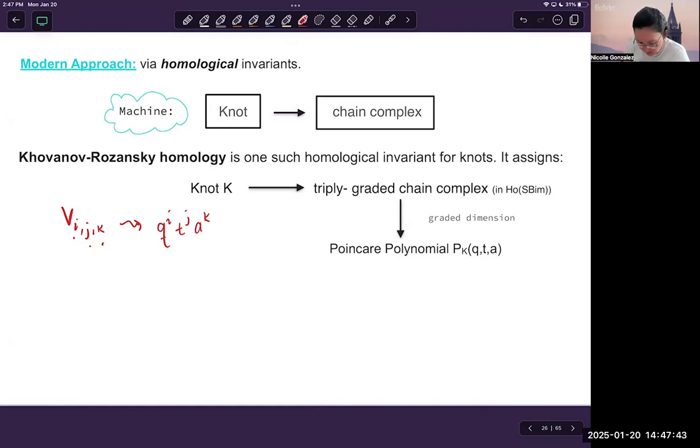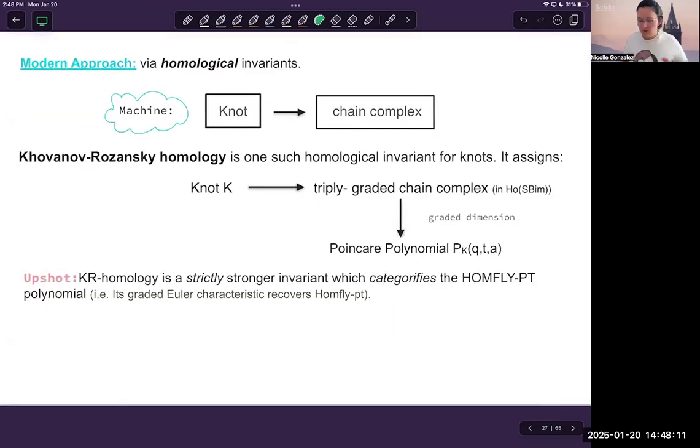Because you have a family of vector spaces, this becomes basically a sum of things of this form, and this gives you a polynomial. Great. So this allows you to compute a triply graded polynomial, which is known as the Poincaré polynomial of the associated chain complex, and therefore of the associated knot that you started with.